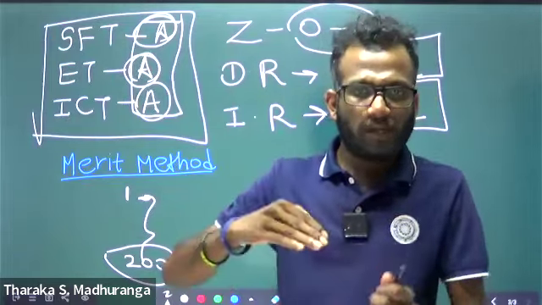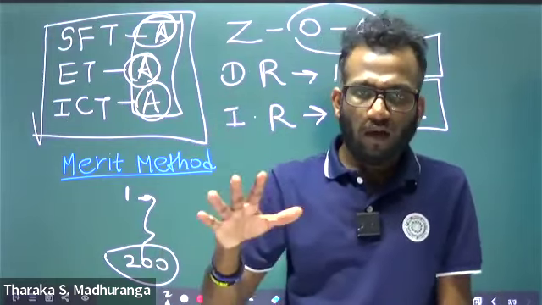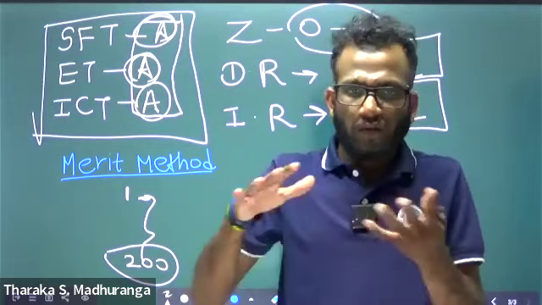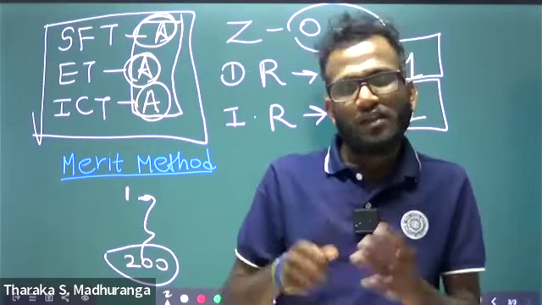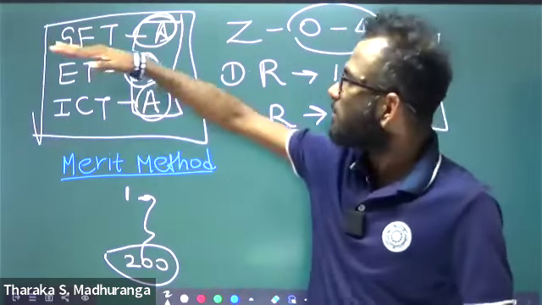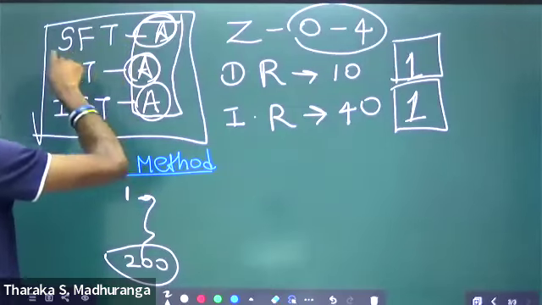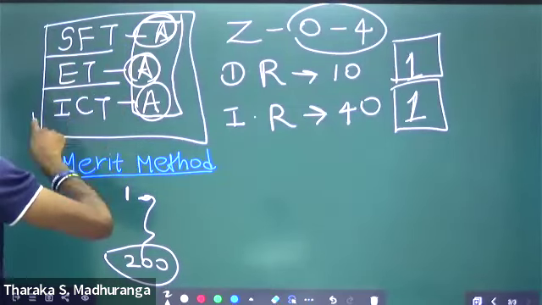The exam is a little bit difficult in SFT if you do not work hard, if you do not work consistently. Therefore, the most Z value for 1 mark is SFT, then ET, finally ICT.